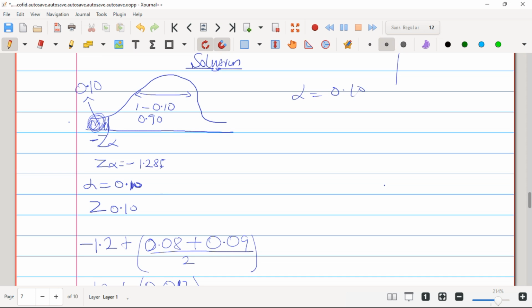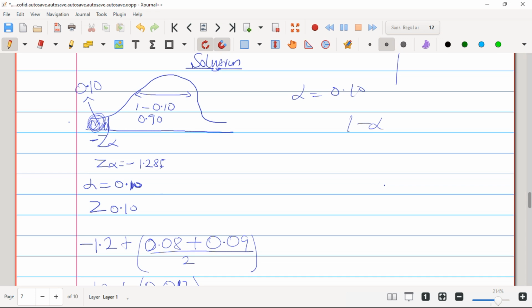And then this part is called the rejection region, and this part is called the acceptance region or fail to reject region. So the fail to reject region is 1 minus alpha. So when you subtract 0.1 from 1, we are going to get 0.9, right?